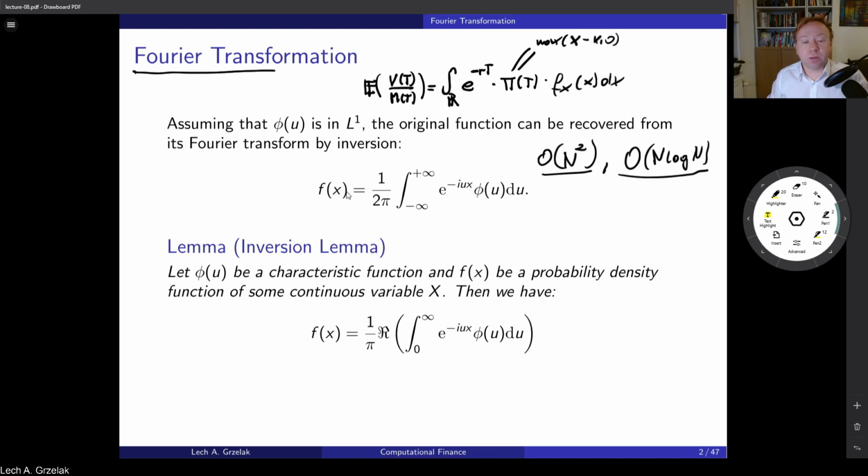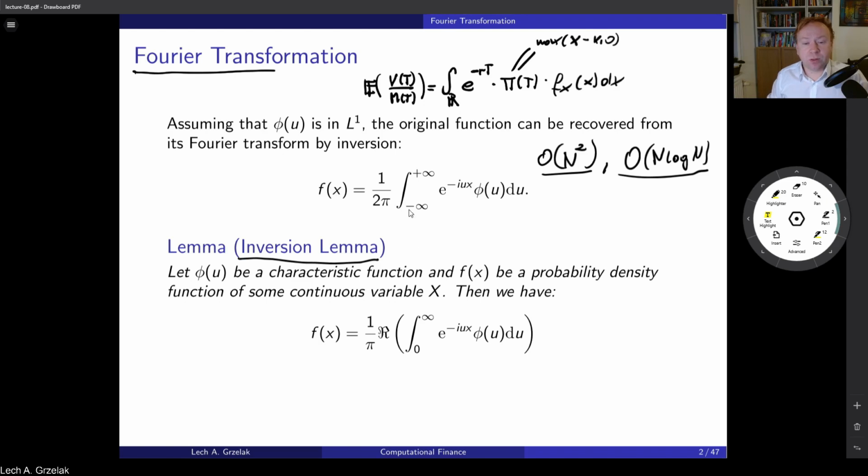Okay, the first step is to move away from this representation and reduce the domain for u by using the inversion lemma. The inversion lemma states that if we would like to recover the density f of x, we have the following expression: 1 over pi, the real part of the integral from 0 to infinity of e to the minus iux, times the characteristic function of u, du.